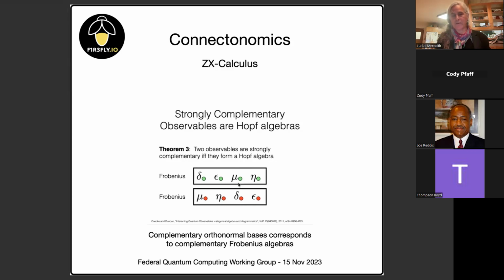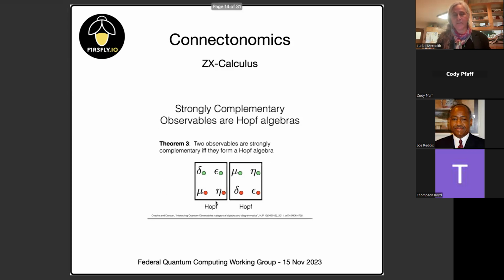So instead of having the duplication and the erasure over here, I put them on the right, and the multiplication and the unit are on the left. And the reason is because when we bracket them this way, they form another kind of algebra, which is called a Hopf algebra.